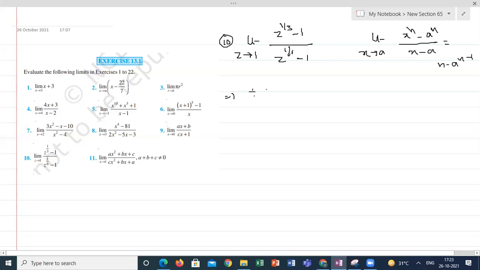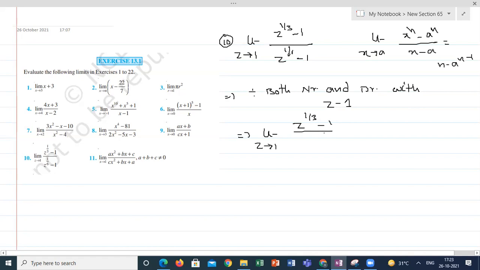Divide both numerator and denominator by z minus 1. Limit z tends to 1, (z power 1 by 3 minus 1) by (z minus 1), divided by (z power 1 by 6 minus 1) by (z minus 1).